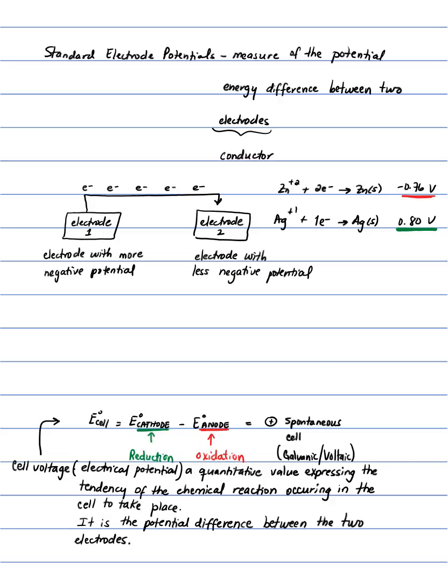By looking at your reactions here, you know that the more negative potential will go first in my diagram, where I have electrode 1.